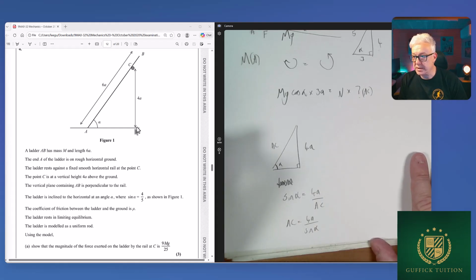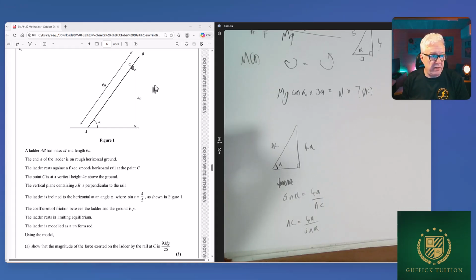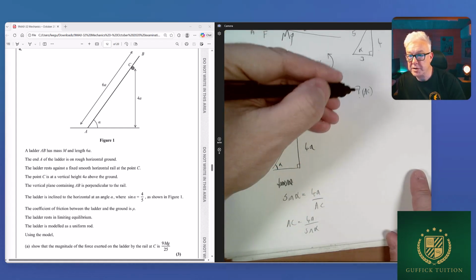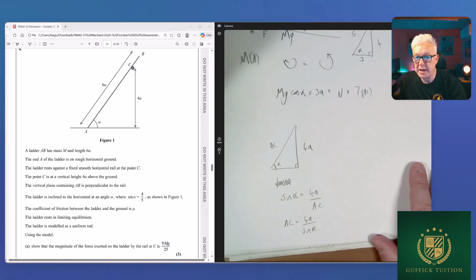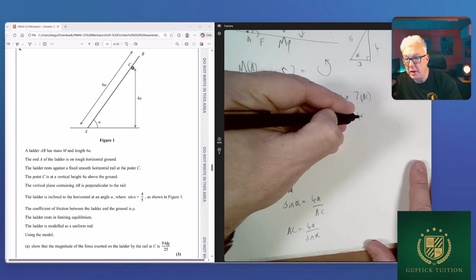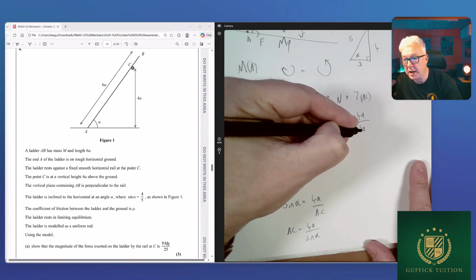And we know that sine alpha is 4/5. So we can insert that result up there, that question mark that was AC. We now know that that is 4a over sine alpha.